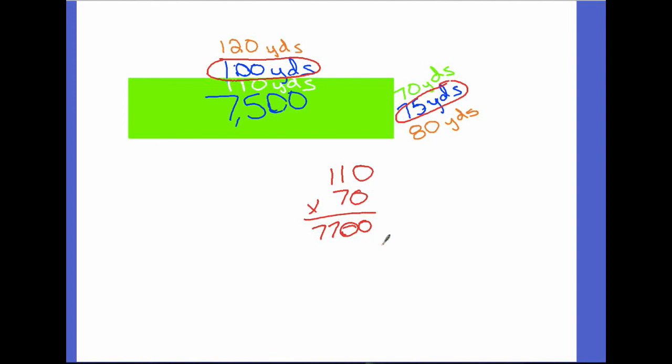Yep, this is the smallest it can be right here. 7,700 square yards. And what's the area of ours? 7,500. Doesn't work, does it?